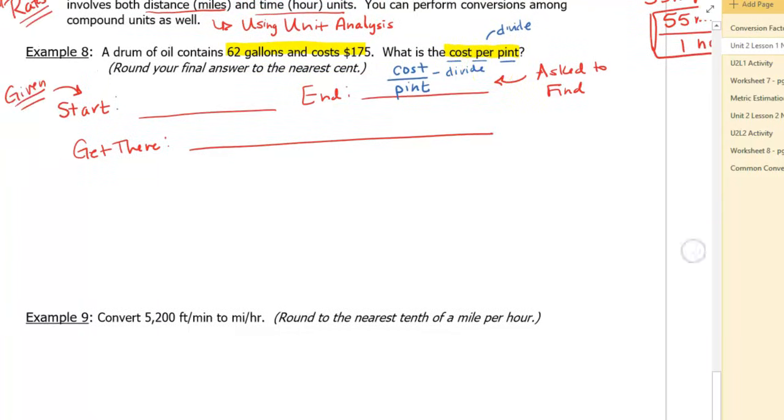So if we want cost in our final answer in the numerator, then with our given information, let's put cost in the numerator as well to set us up where we want to be. So this would be 175. Don't forget your units. This would be dollars over 62 gallons.